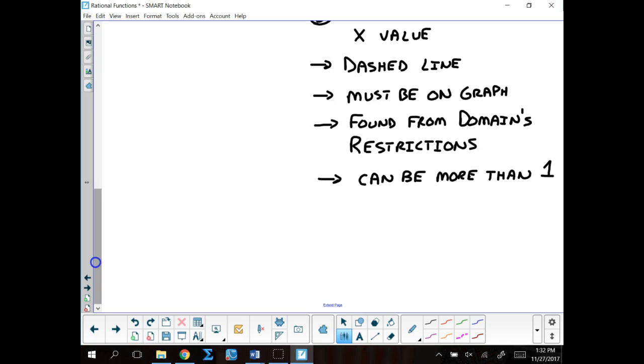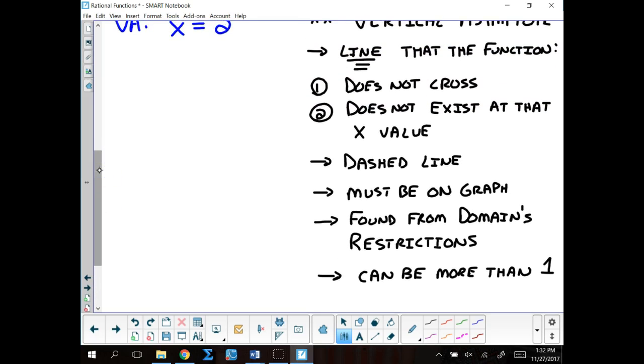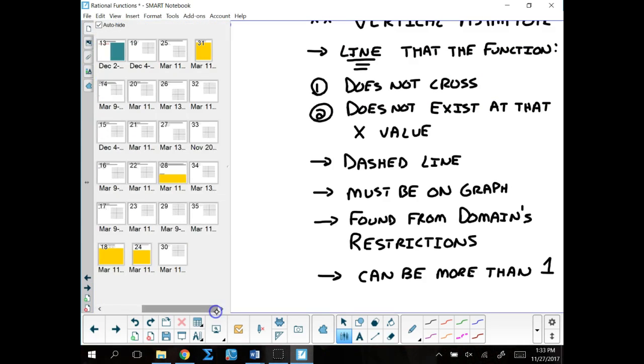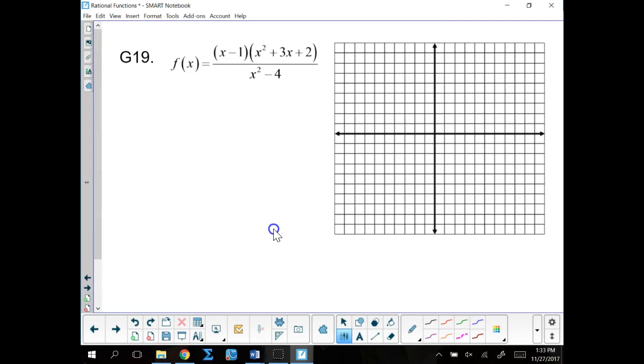Now, I'm going to jump ahead here a little bit, and I'll come right back to this. Okay? So if I go all the way down to here, that's a nasty looking function, right? Okay? We're going to be able to graph that function in about 2 weeks.